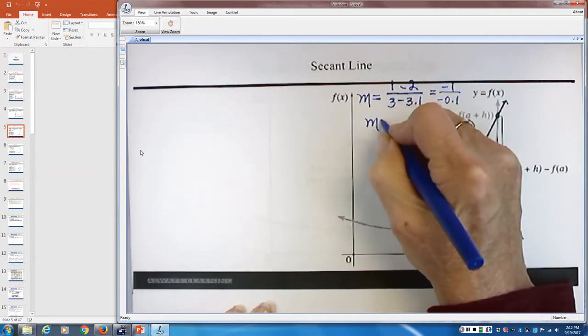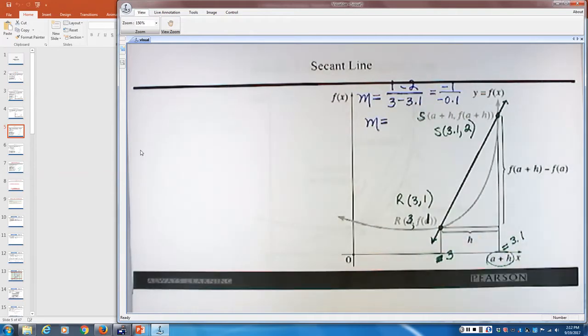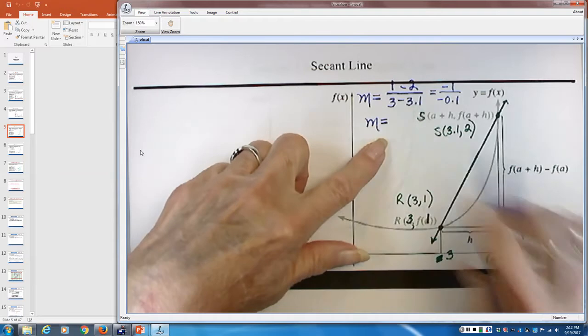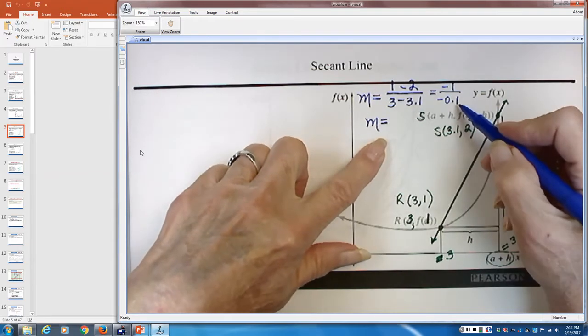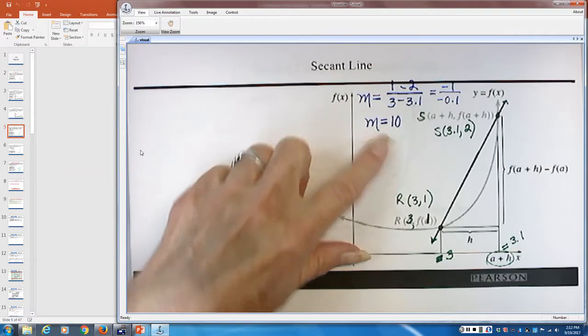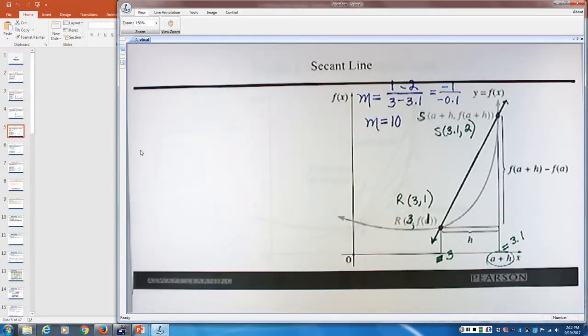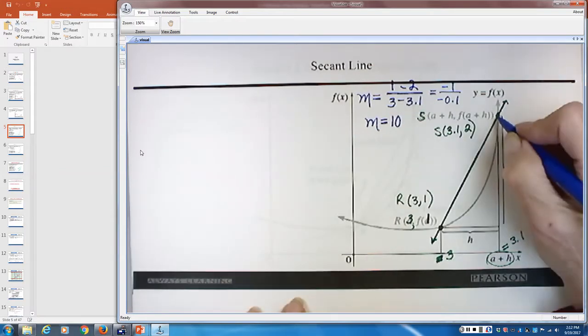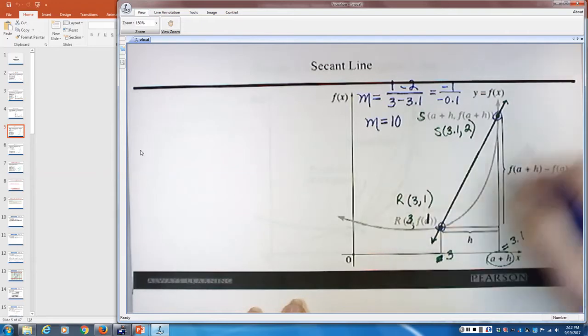So the slope of that line, and again, this is not to scale, so don't try to make anything out of the scale, would be positive 1 over 1/10, and 1 over 1/10 is 10. So the slope of that secant line through these 2 points is 10.